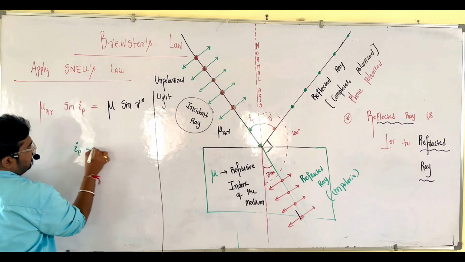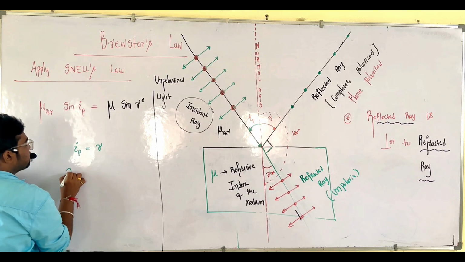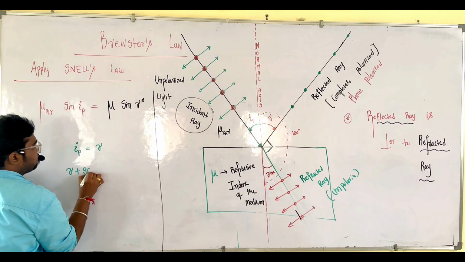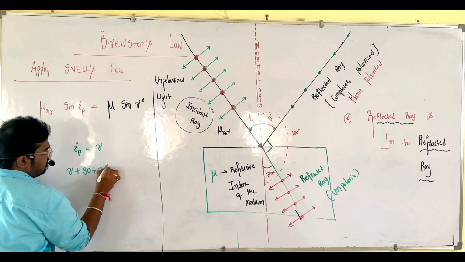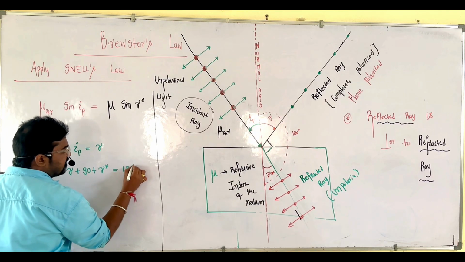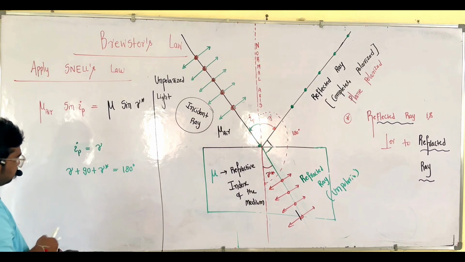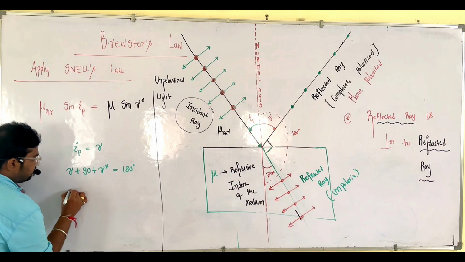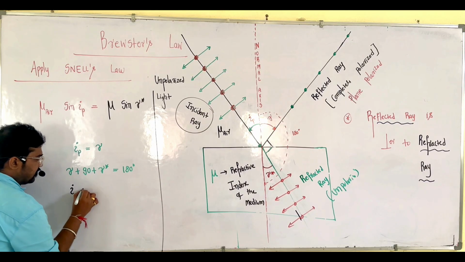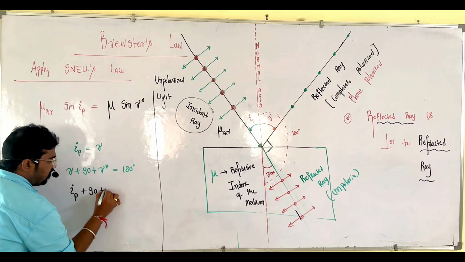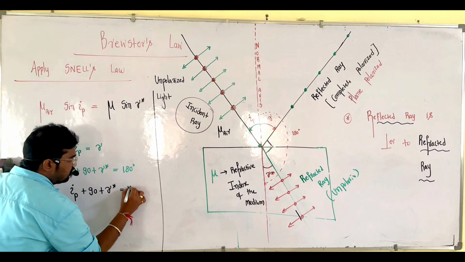Here angle IP equal to how much? R plus 90 plus R star equal to how much? 180. So ఇప్పుడు నీకు R ప్లేస్ ఏం రాయొచ్చు? IP రాయొచ్చా? ఇక్కడ 90 రాయొచ్చా? R star, that equals 180.